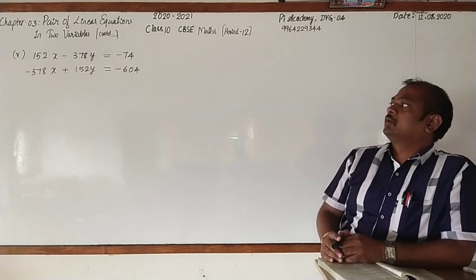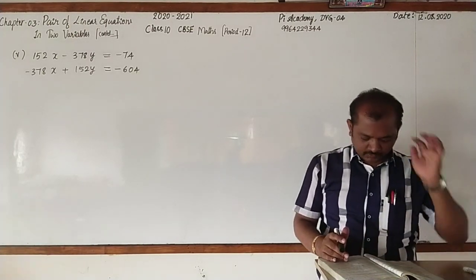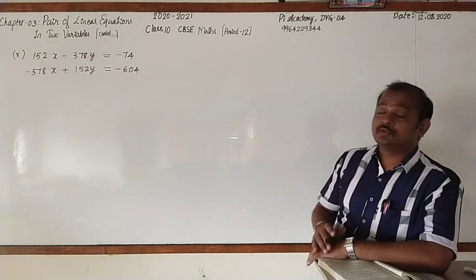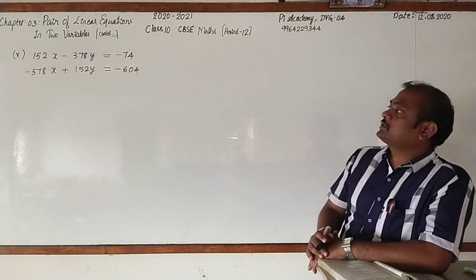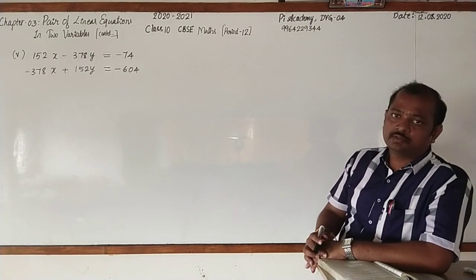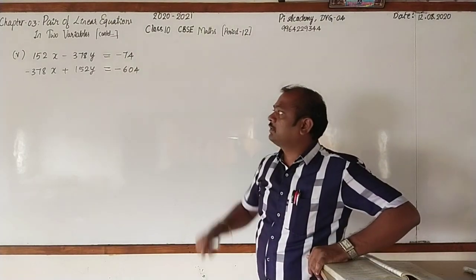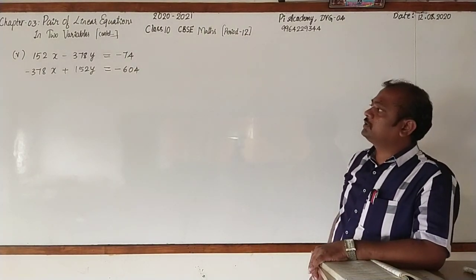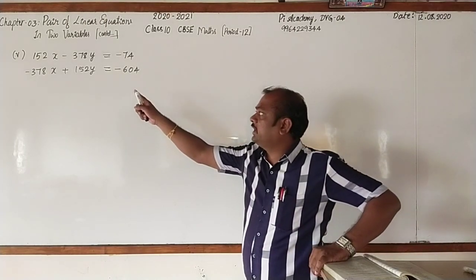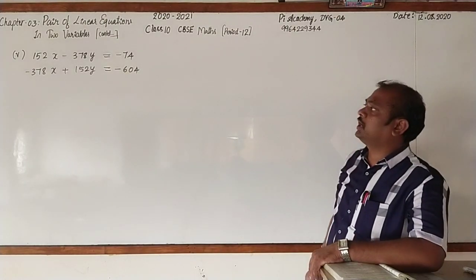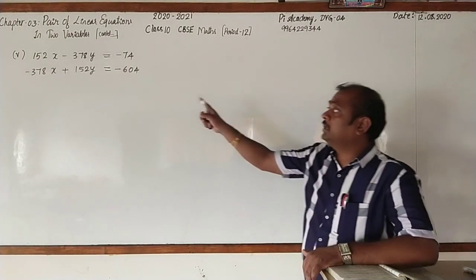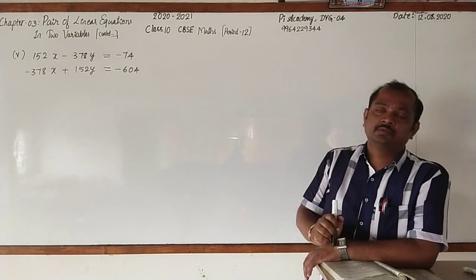Dear students, go through this fifth one and write also. 152 into x minus 378 into y, which is equal to minus 74. And the second equation, minus 378x plus 152 into y, which is equal to minus 604.